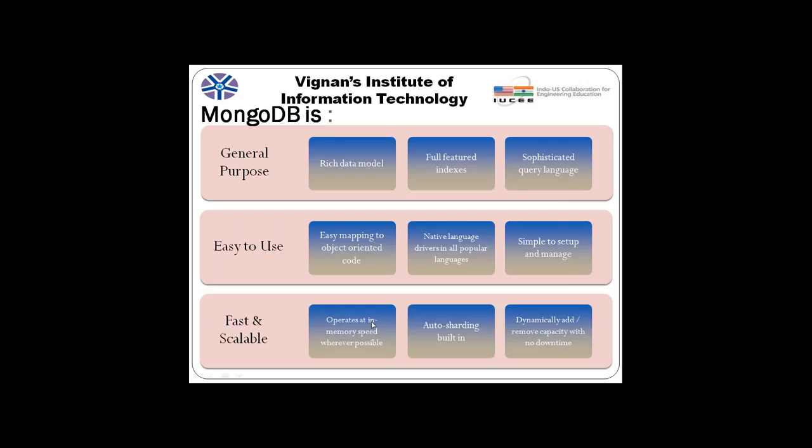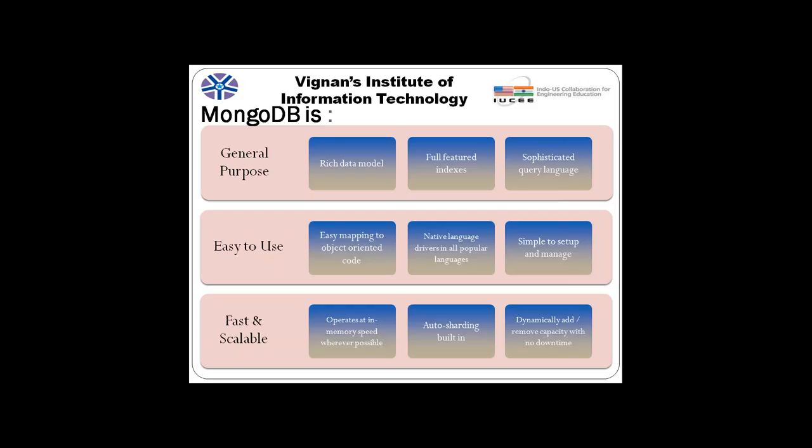It operates at in-memory speed wherever possible, and there is inbuilt auto-sharding. The major purpose of sharding is that database systems with large data sets and high-throughput applications can challenge the capacity of a single server. What could the challenges be?